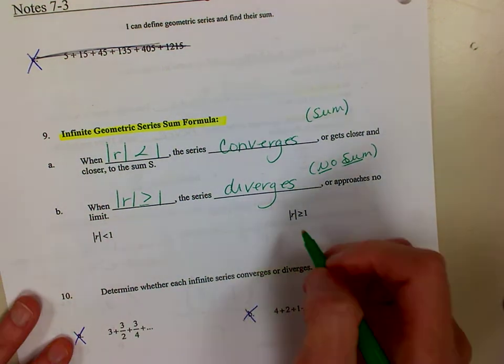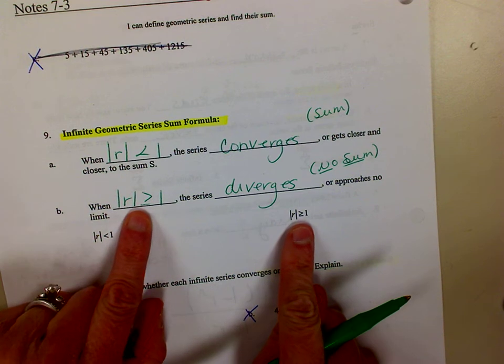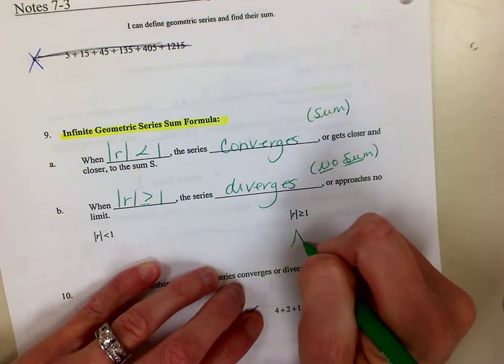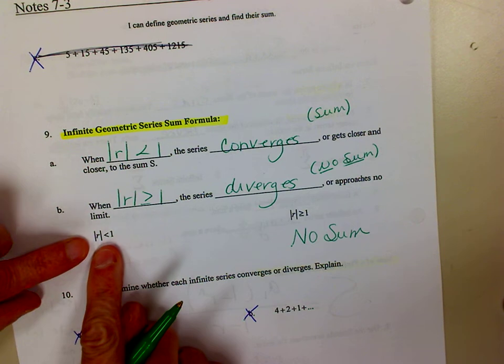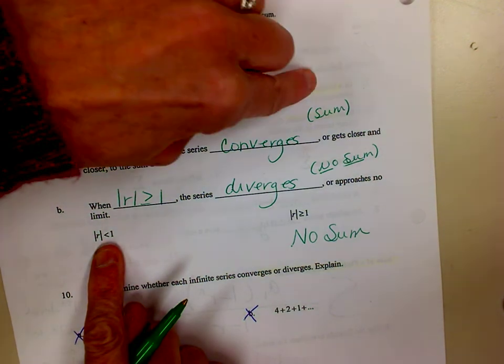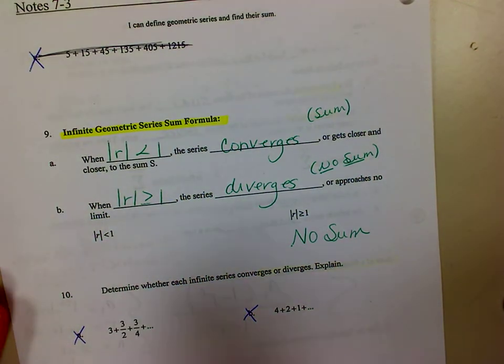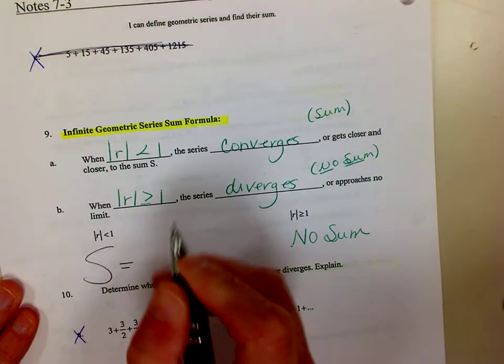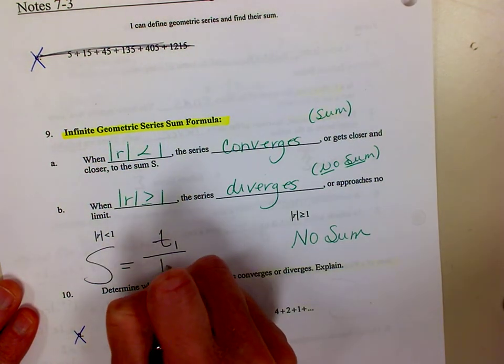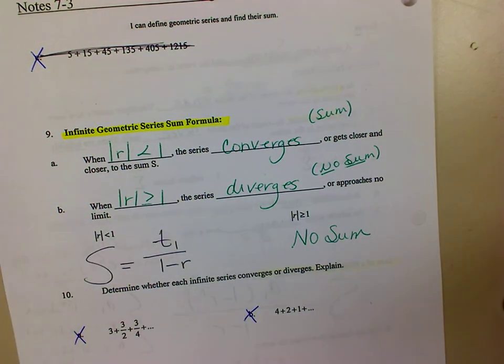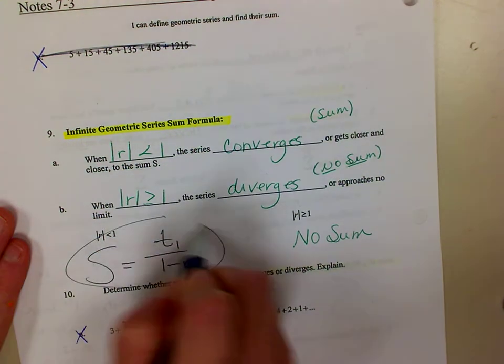So again, if it is greater than or equal to 1, there is no sum. If it's less than 1, I am going to have a sum. Here's how you find the sum. You take the first term and divide it by 1 minus the rate. So there's another formula.